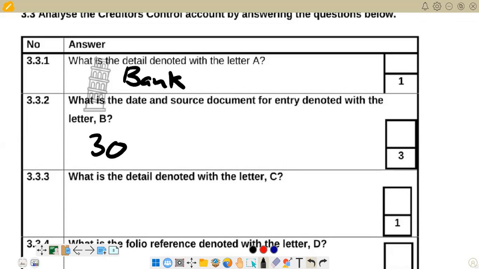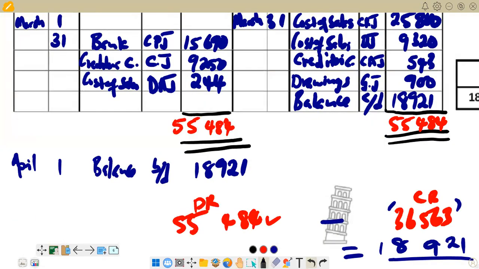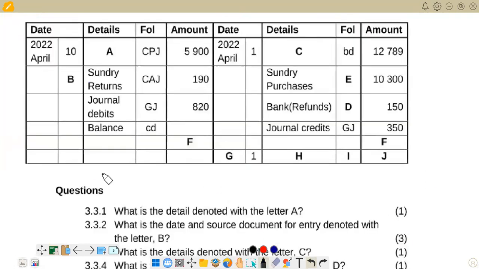And then they are also saying source document for entry denoted with the letter B. We go back again to try to find out about that source document. At letter B, they are saying these are sundry returns. So whenever we do returns on the goods that we purchase that are in the creditors control, it means we are debiting the creditors control. So we issue what is called a debit note.